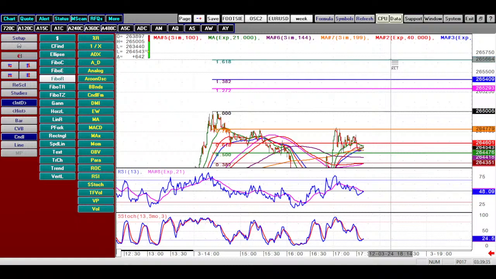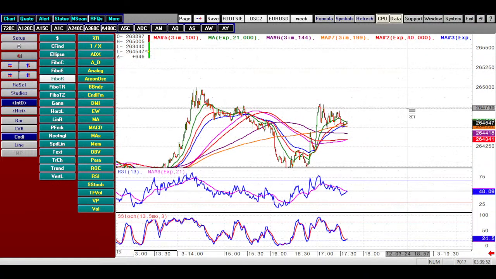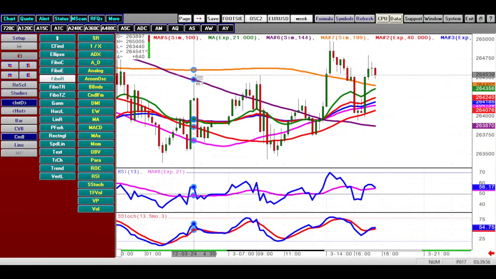So that means we have two levels. One is to sell at 56 or 57, or you can go for a sell now, and we should see the price heading south. But we should see some weakness happening, then only we can be pretty sure that this is going to be the high.